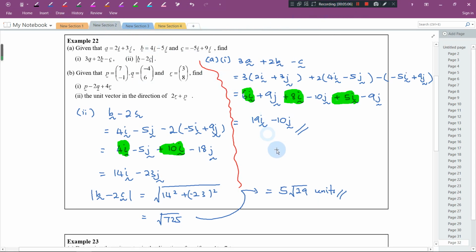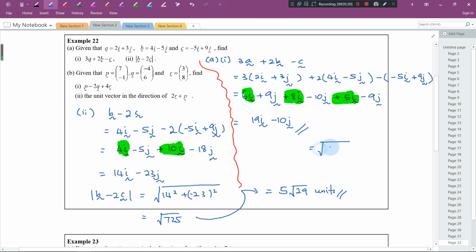Let me explain a little bit how I get this 5 times square root of 29. If you are using a new calculator, it should be no problem because the calculator can give you this answer. If you are using the old model, for example Casio 570, you are not able to get this answer. But how do I get this one?